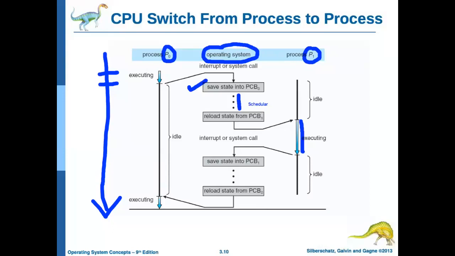In order to select P0, save the state of process P1 in the PCB1, maybe the scheduler will be executing here. It will select the next process, P0, reload the state of P0, and P0 will continue executing from where it has stopped. So some part is executed here, some part is executed here.